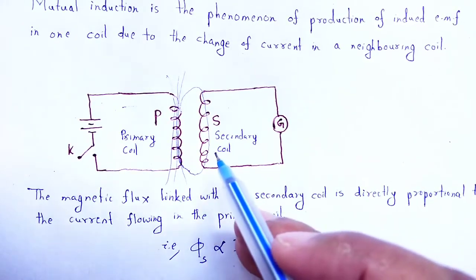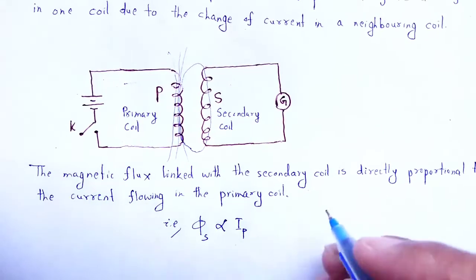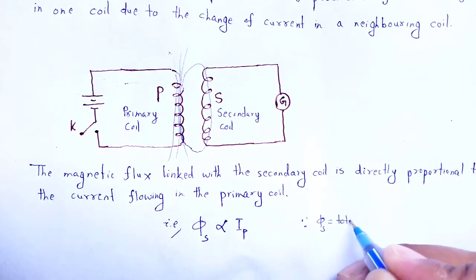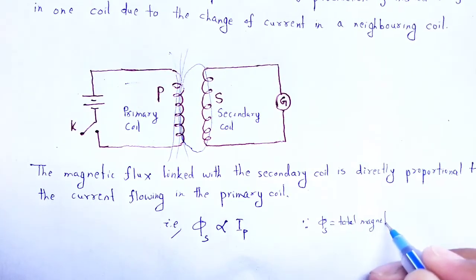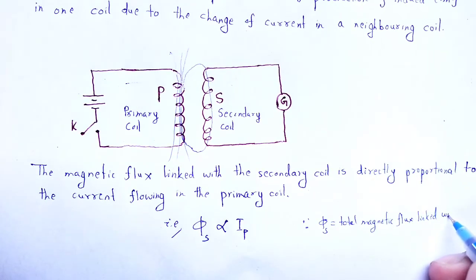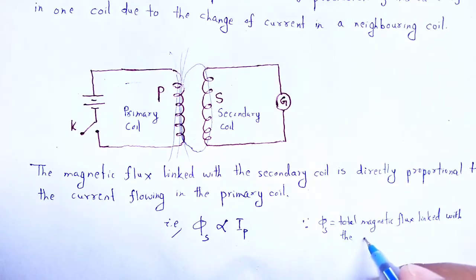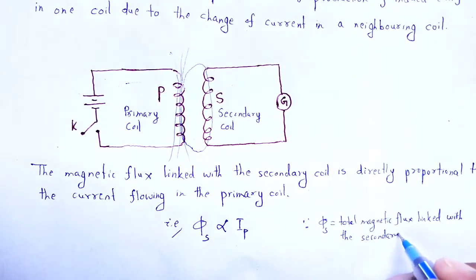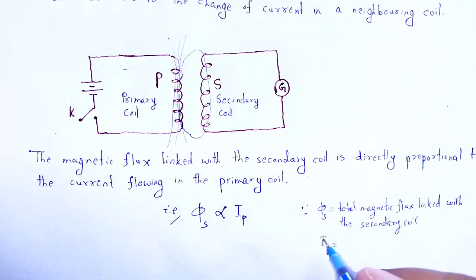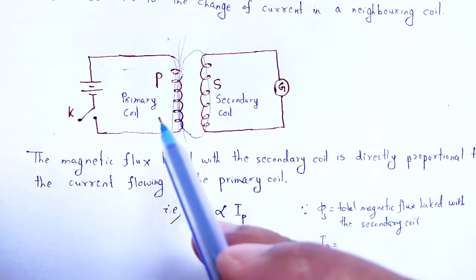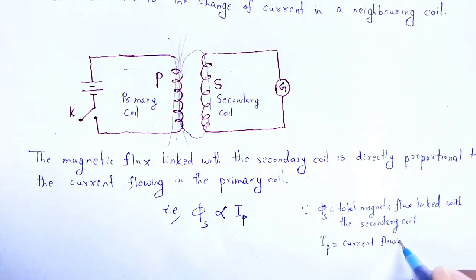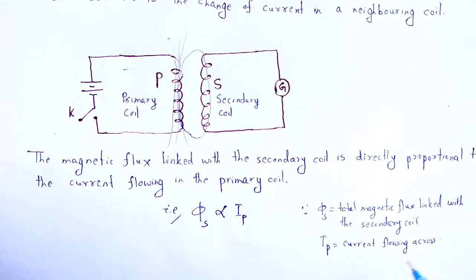Here phi s is the total magnetic flux linked with the secondary coil, and I p is the current flowing across the primary coil.